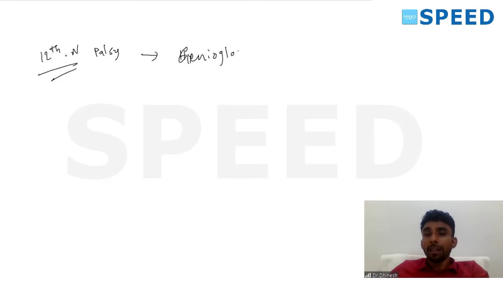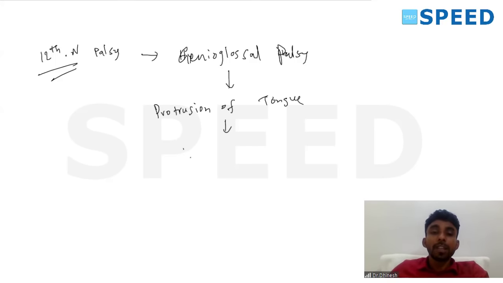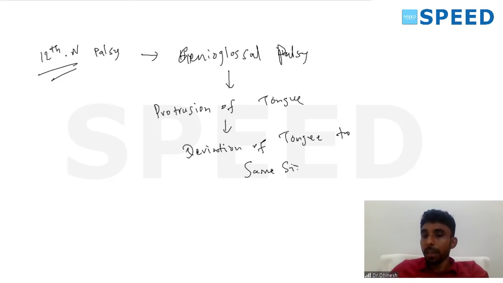So due to paralysis of the genioglossus muscle, when you ask the patient to protrude the tongue, the tongue will be deviating to which side? Deviation of tongue to the same side or the opposite side? That's my question. Yes, deviation of the tongue to the same side, the affected or paralyzed side. Not to the healthy side.